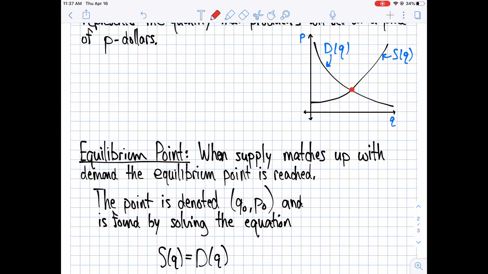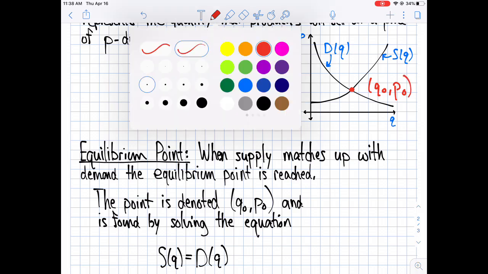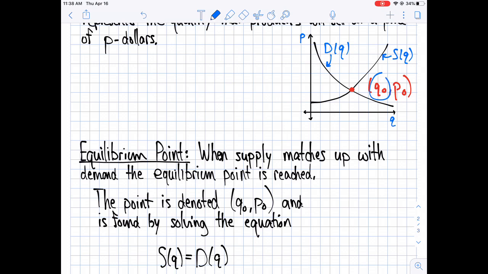That's when supply matches up with demand, and to find that point you're going to be solving this equation, solving for when those two functions intersect, and that point is going to be represented by the coordinate (q0, p0), where q0 is the equilibrium quantity, and p0 is the equilibrium price.